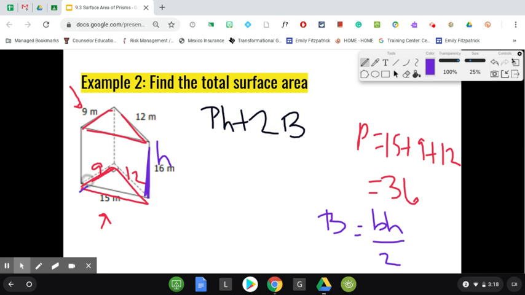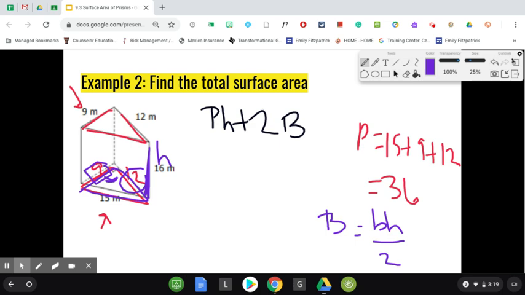So if you look at this triangle, the right angle is right here. That means that the 9 and the 12 are the base and the height. It doesn't matter which one you label as base and which one you label as height. It's just the 9 and the 12. Okay, so we're going to plug those into our formula.